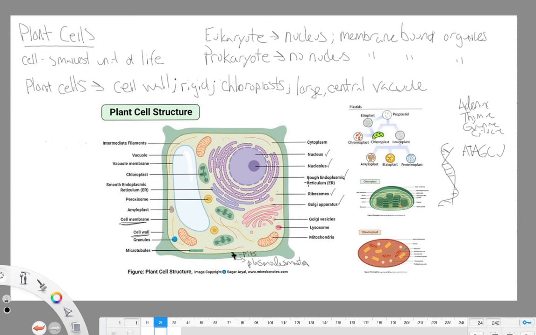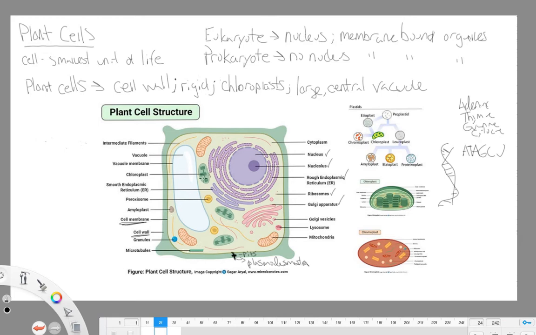So all of those things are involved in this gene expression and protein synthesis. I didn't mention the nucleolus, but it is responsible for making ribosomes, so that's why it's included. So those organelles are part of gene expression. I then talked about plastids, so those include our chloroplasts right here, as well as these amyloplasts.